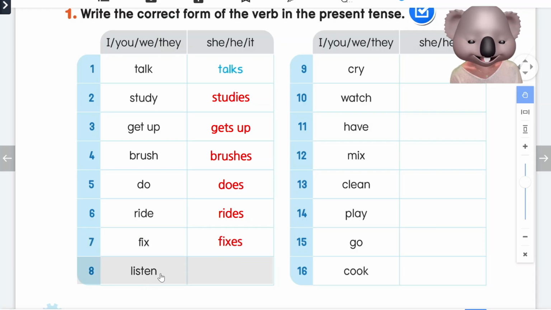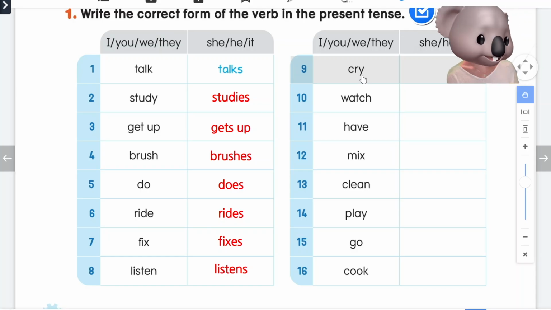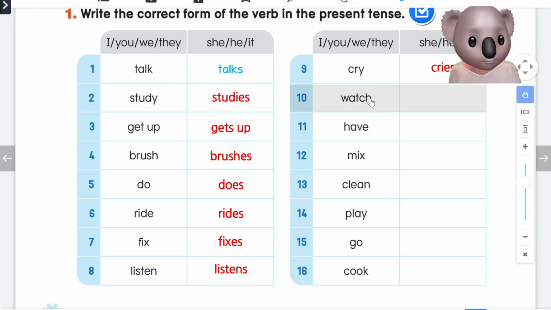Number 8, listen. s 붙여서 listens. Number 9, y. Consonant y로 끝나니까 change the y to ies. She, he, it cries. Number 10, watch. ch로 끝나서 what do we need to add? es.